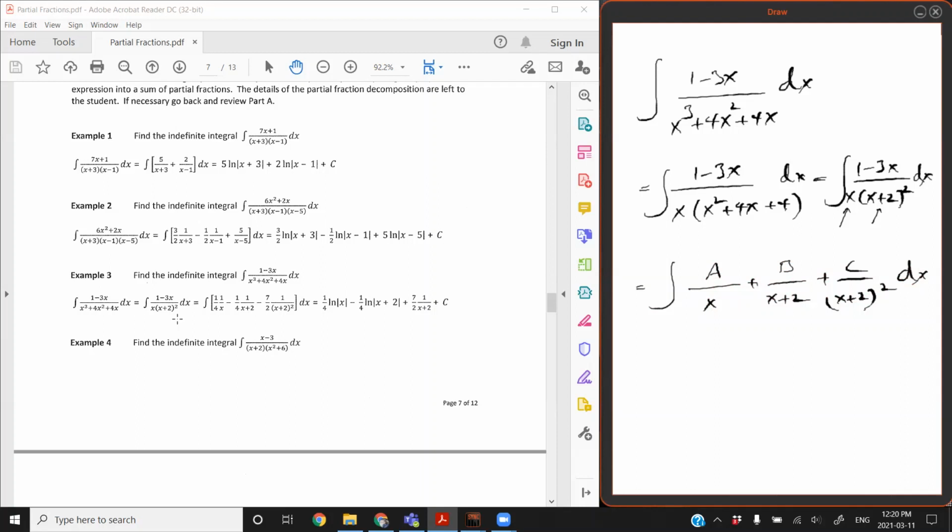Then I use the methods that we learned last class, and I find A will be 1 over 4, B will be negative 1 over 4, and then C will be negative 7 over 2. Sorry, not 1 over 7. 1 over 4, negative 1 over 4, and negative 7 over 2.